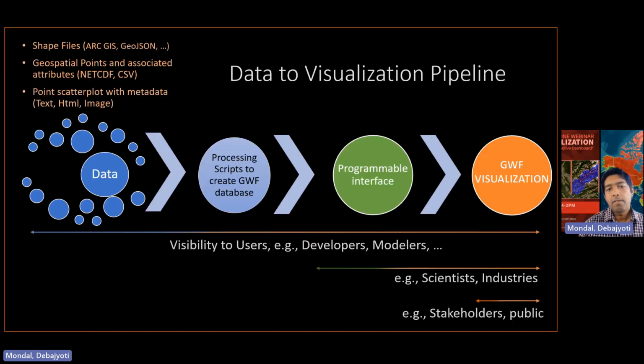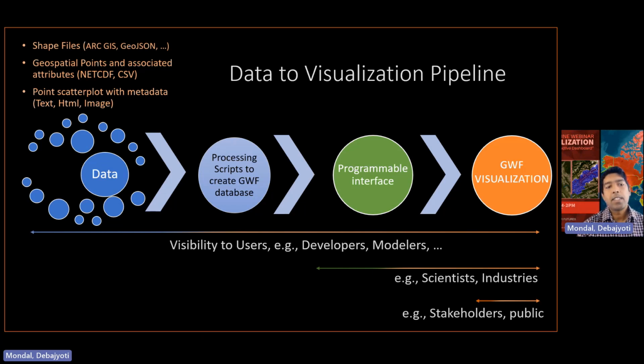So if you think of the full spectrum from data to the visualization, all four phases are typically very important to the developers and modelers. From data, it could be varieties of formats like shape files or netcdf files or text image combinations.